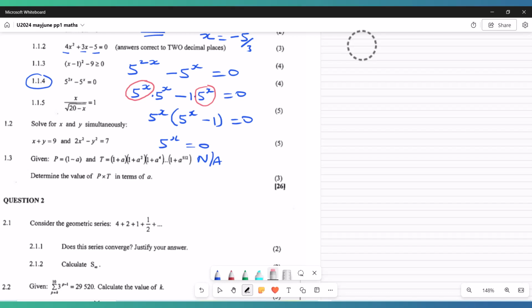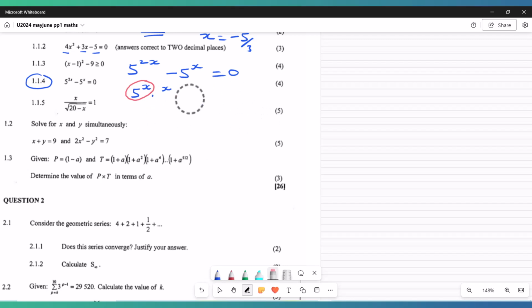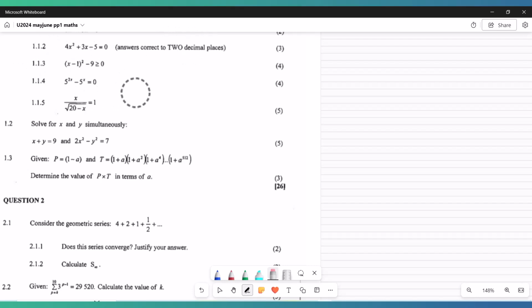So here we go. Now in this case, what do we have from equation 1? We have x plus y equals 9. We're doing question 1.2. So now we said we can say y equals 9 minus x.